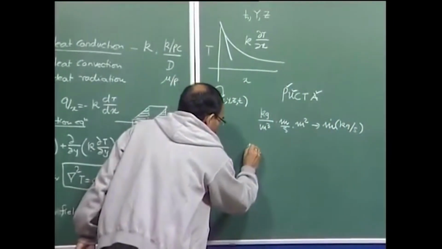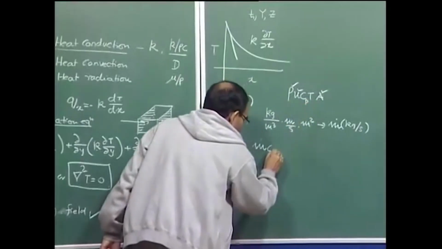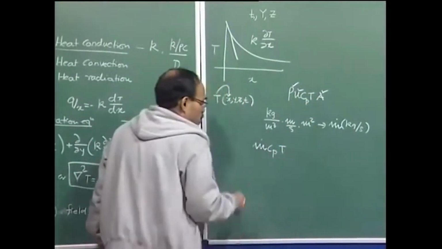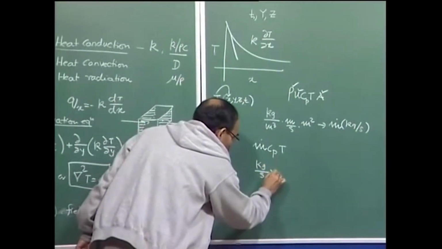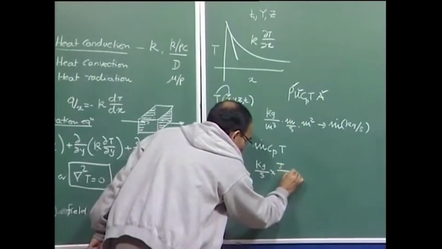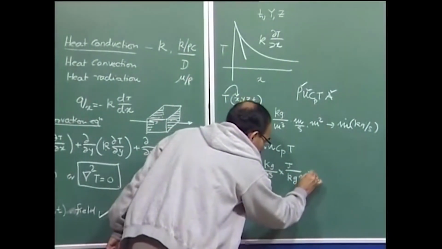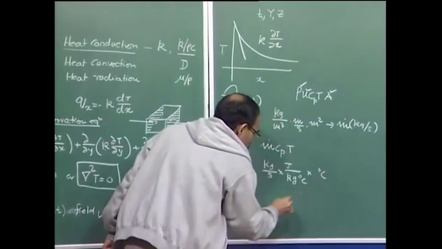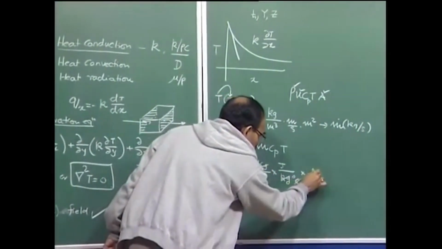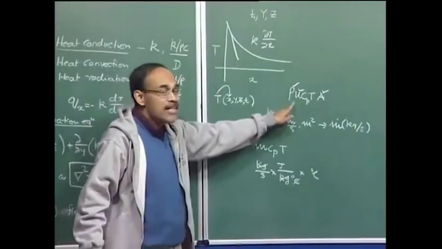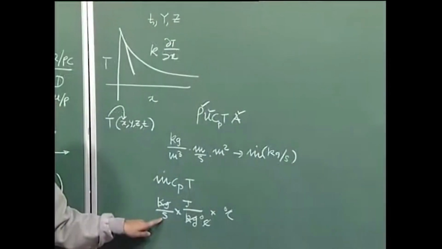Then we have mass flow rate into Cp into T. Cp is joules per unit mass per degree centigrade, and T is in degree centigrade. So, this term tells us the rate of heat, which is joules per second.